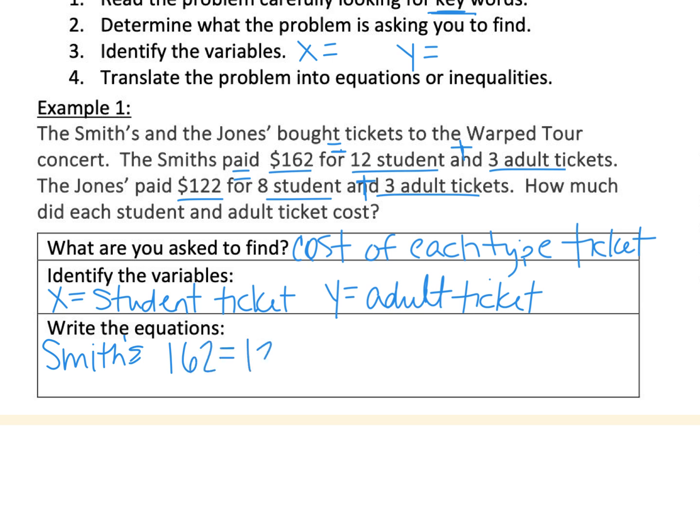They bought 12 student, but instead of student I'm going to use x, plus 3 adult, so 3y. So however much an adult ticket costs times 3, plus how much a student ticket costs times 12, gives us a total of 162. And then for the Jones, they spent $122 for 8 students, so 8x, plus 3 adult also, so 3y.